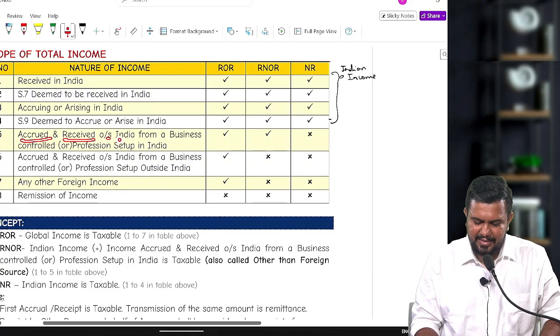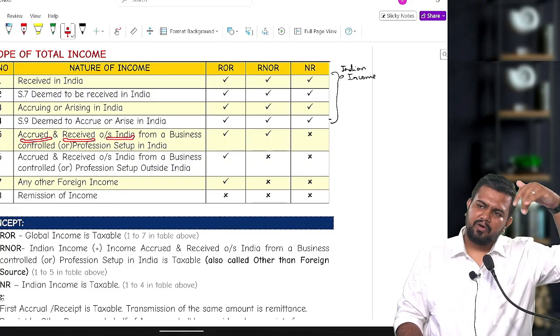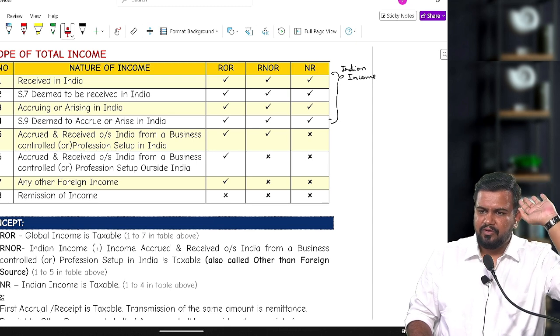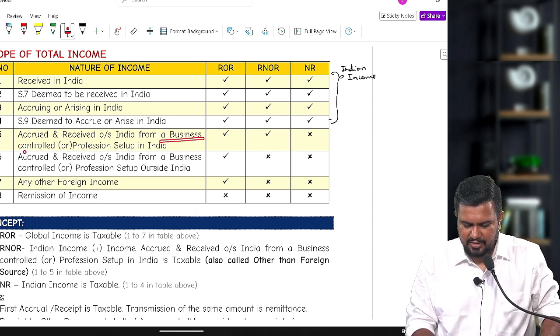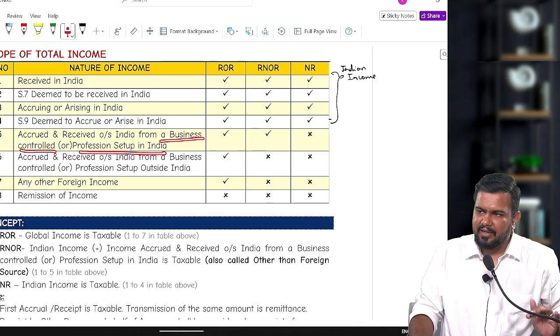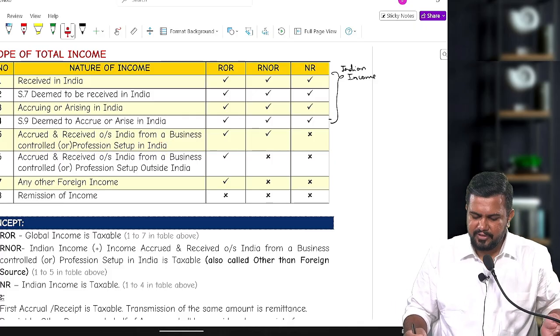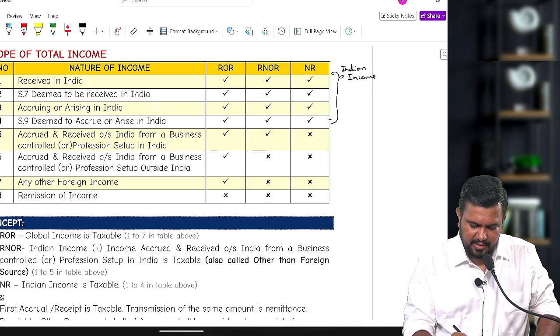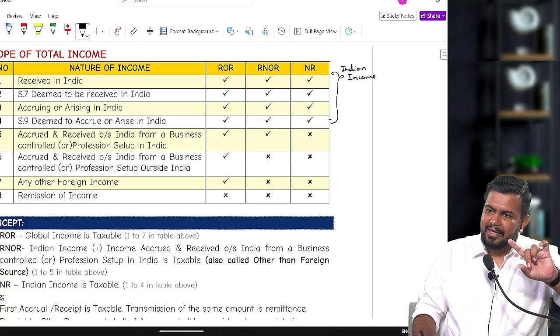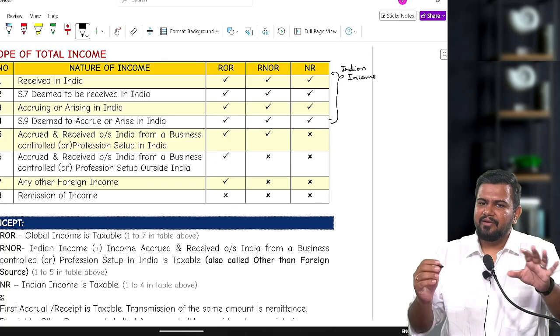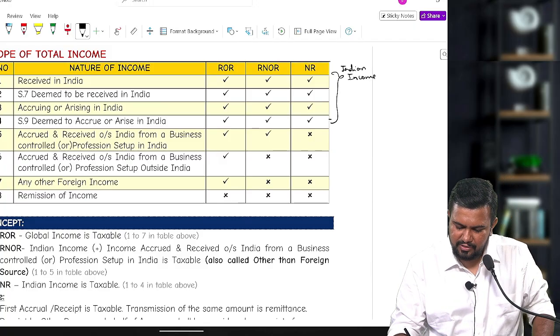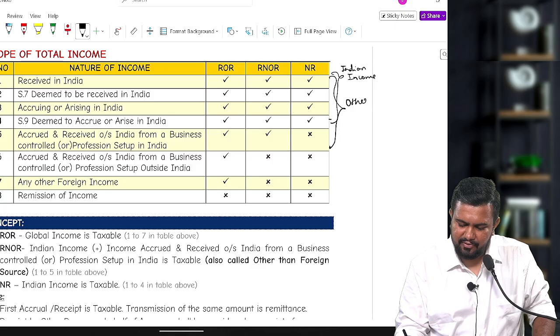Income accrued and received outside India, means income accrues outside India and is received outside India. So it is foreign income. But from a business controlled or profession set up in India. It means it is foreign income, but it is not foreign source. It is other than foreign source. That is why the first 5 categories are called other than foreign source.